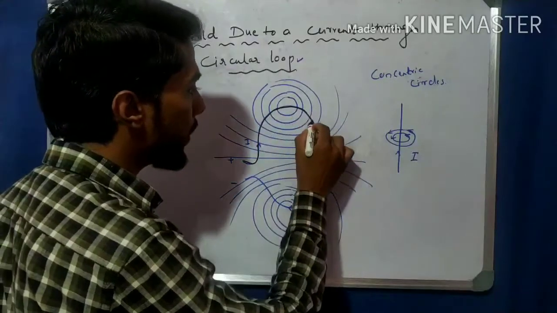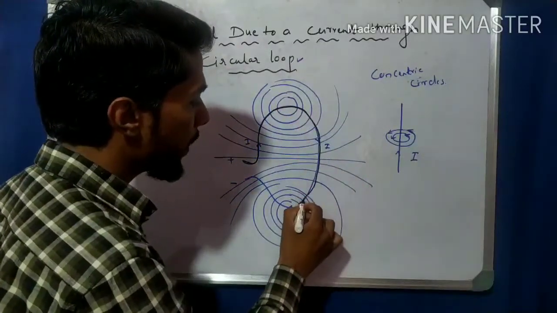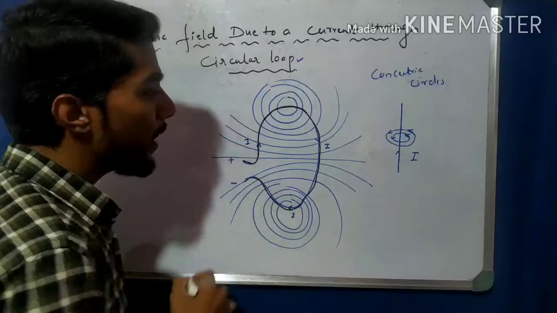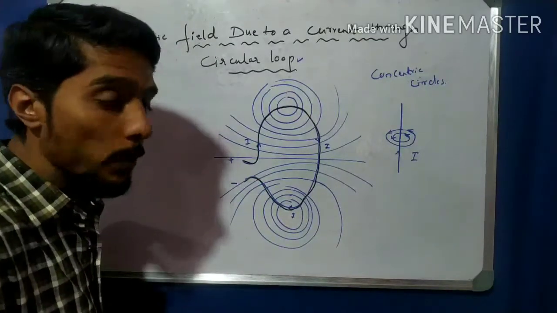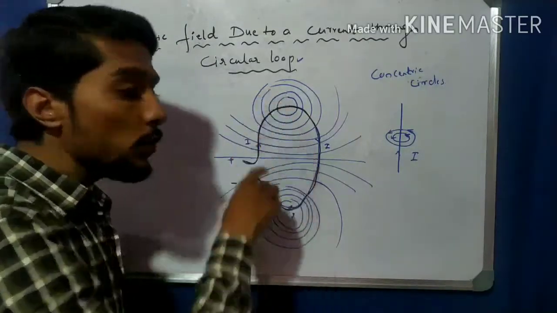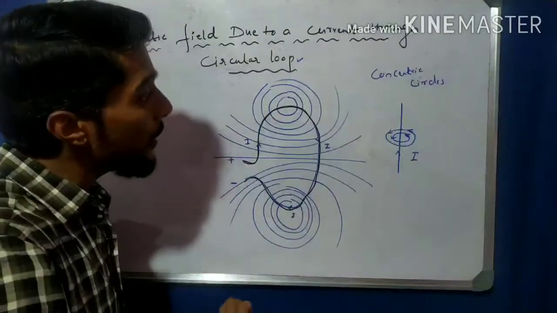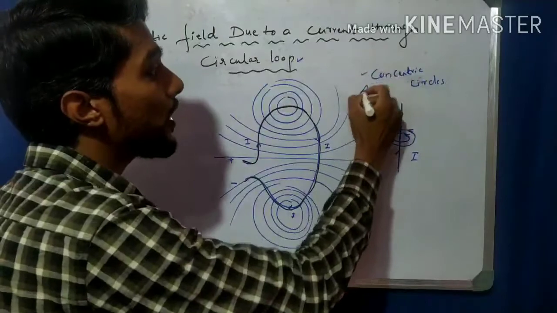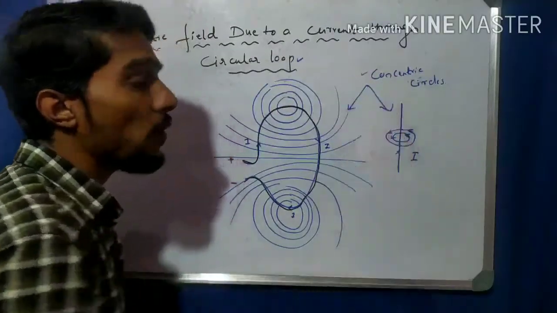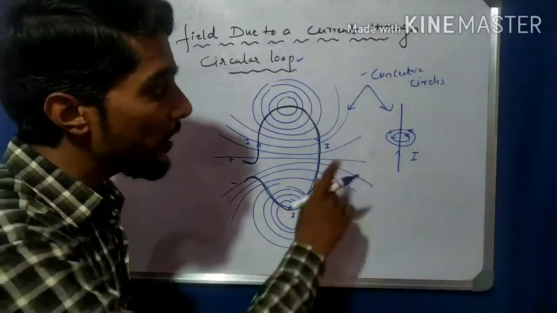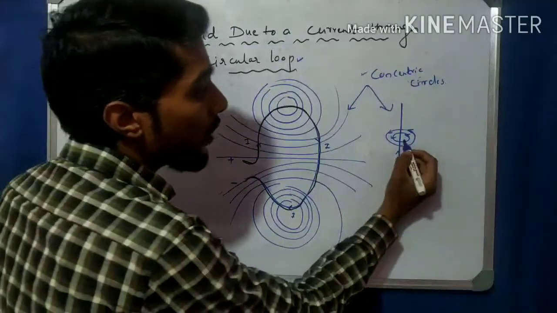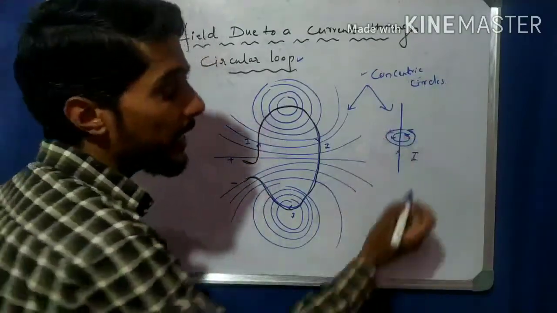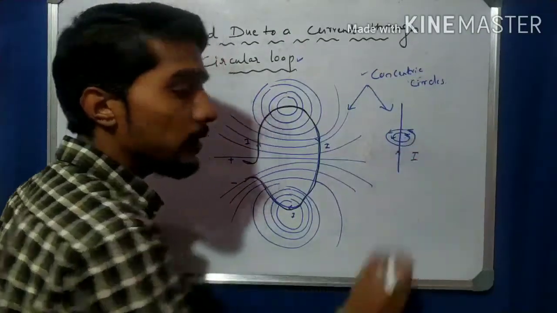We have carefully observed the same concept: whenever a current is passed through a circular loop, a magnetic field is produced along the circular loop in the form of concentric circles. Both are the same, the fields are concentric circles. But what is the difference here? At the center we observe a straight line field, while for the straight conductor we observe circular fields.